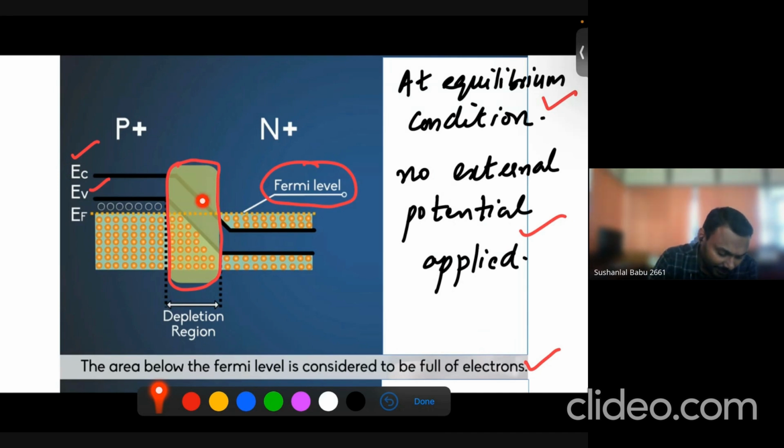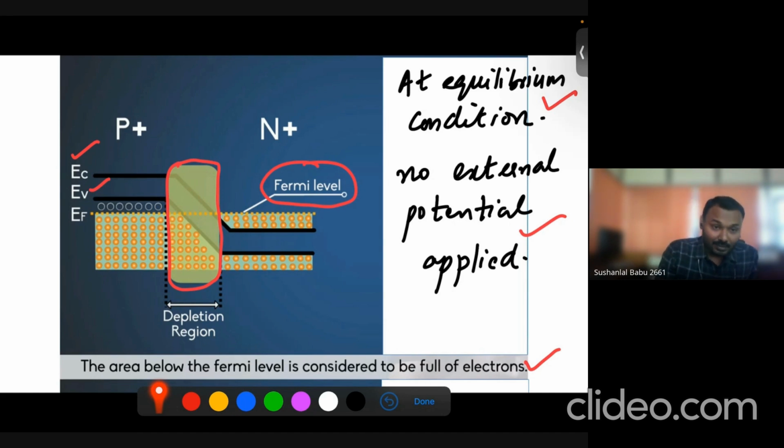For lasing action to happen, this region, above the conduction band, should contain more electrons. Then from the conduction band, the electrons will be stimulated to the valence band. While going down to the lower energy level, an electron will eject a photon together with the stimulated photon, so that the lasing action will happen.